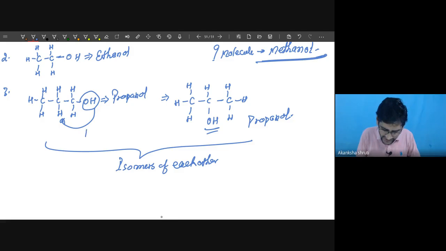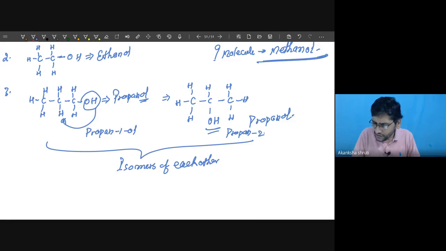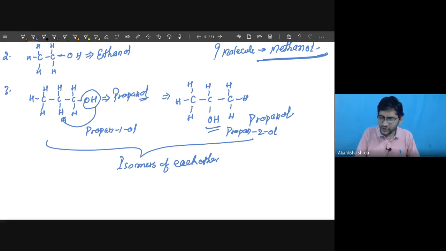Then how to make the difference in their names? We have learned that for that the position of the functional group has to be written. So it should be propan-1-ol, and the IUPAC name of the second one will be propan-2-ol, because you are free to number from any terminal for this second structure.